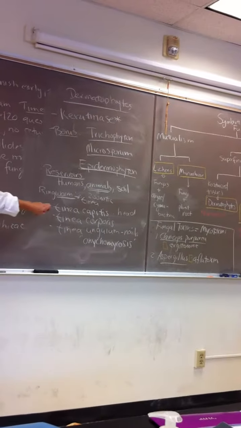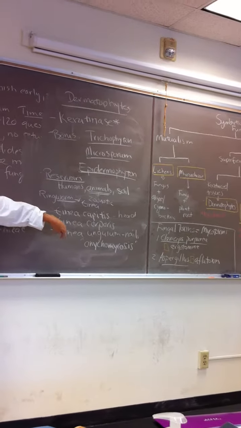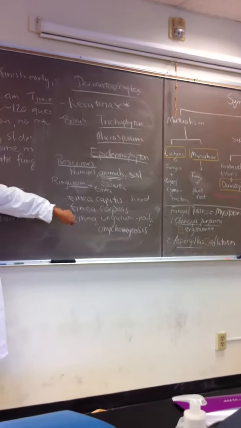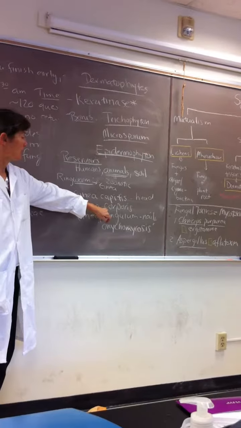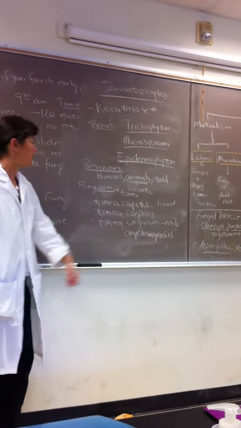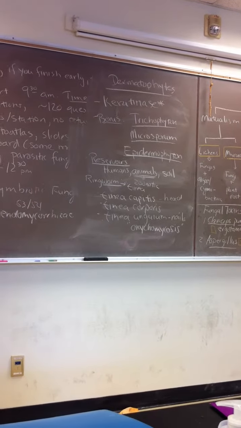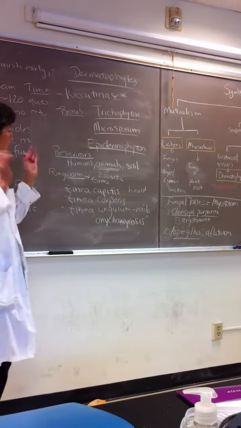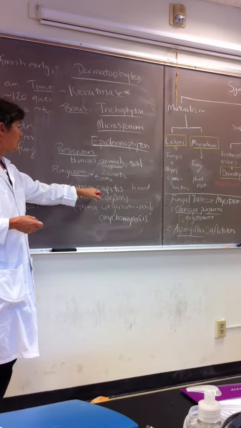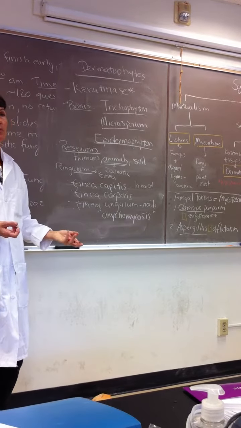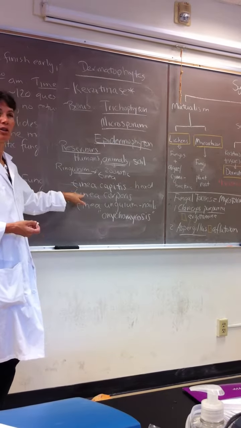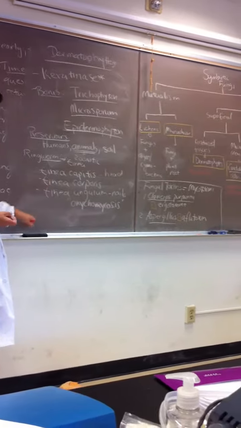So again, tinea refers to this historical idea of a worm, and then the part of the body involved with the dermatophyte infection is added. Now, I wouldn't give you one of these phrases and ask you to describe what it means. It's just good to know because you see this terminology used so often.